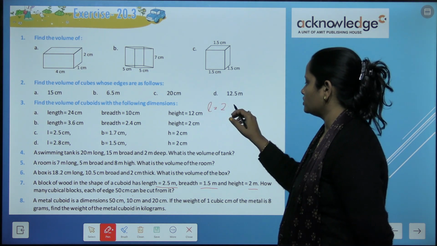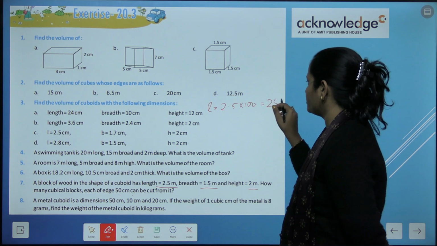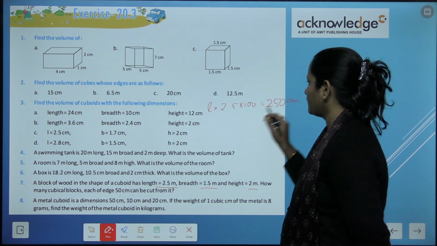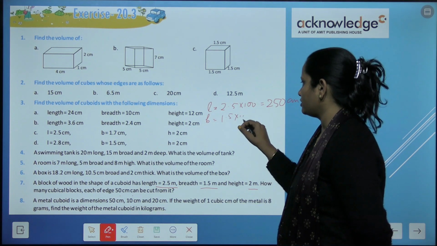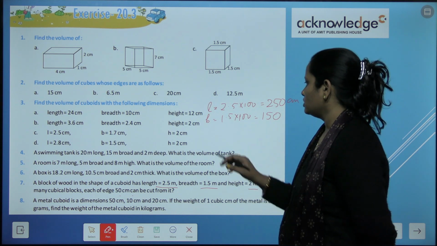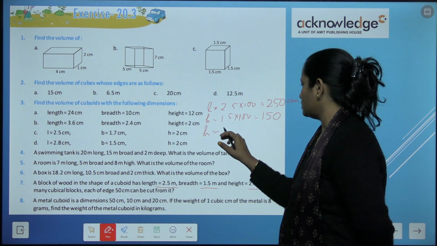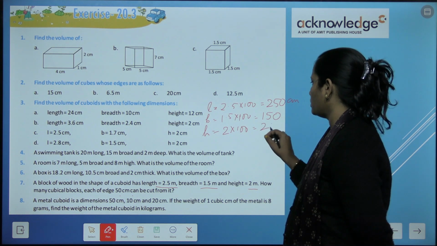Length is equal to 2.5 multiply 100. So it will be 250 centimeter. Now breadth is 1.5 multiply 100. So it will be 150. Now height is equal to 2 multiplied by 100. So it will be 200 centimeter.